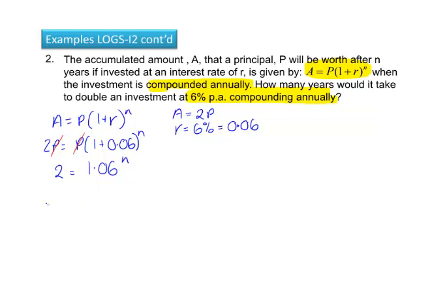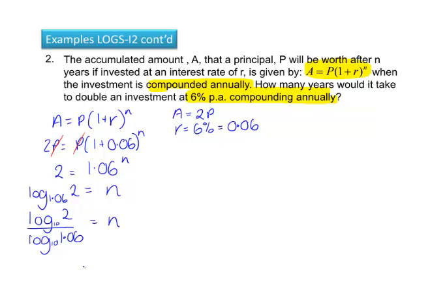Rearrange that into a log and I have log base 1.06 of 2 equals n. From there, let's rearrange this so I can plug into my calculator. So that's going to be log base 10 of 2 over log base 10 of 1.06 equals n.